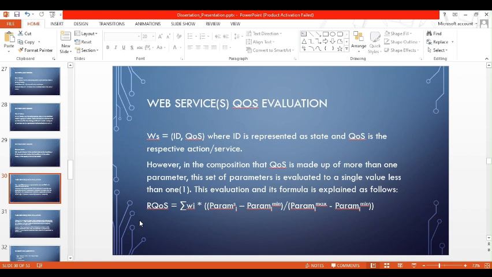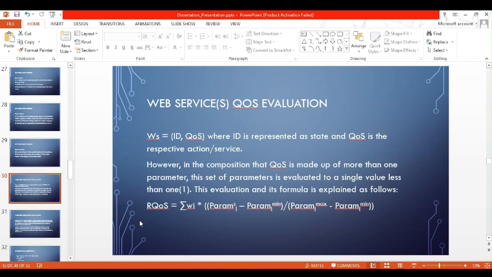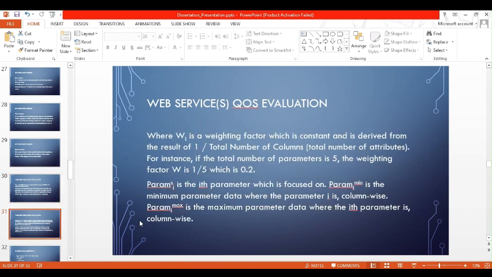Now, this mathematical representation here represents the evaluation of the QoS values or the QoS parameters. Then I'll be explaining the values here. The WI, just as we can see here, is the weighting factor.